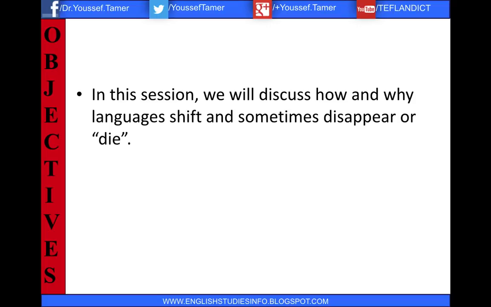But Latin and Roman, we don't have them anymore in everyday life, in economy, business, politics, or education. We just have them in religion, in the church. When they want to do their religion, they use these languages. So we will try to see how and why some languages can die and disappear.